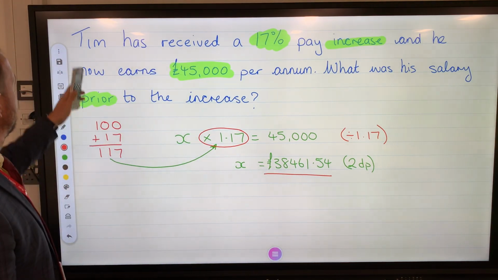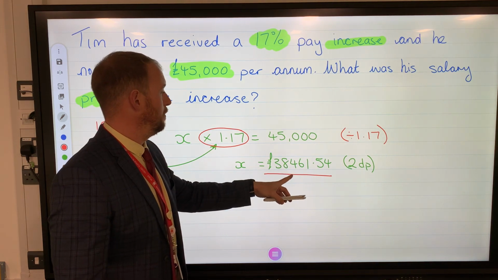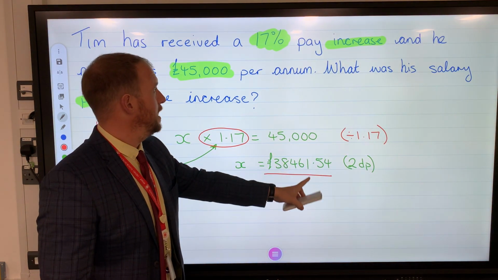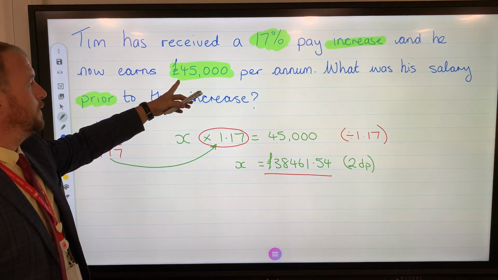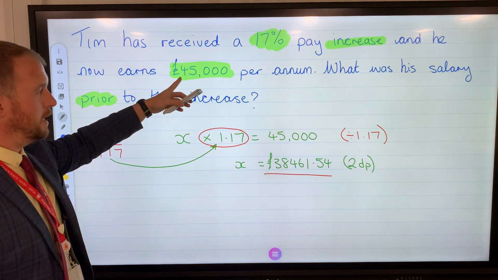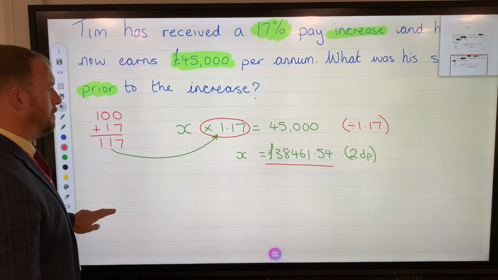Does it make sense? Did Tim have an annual salary of £38,461.54? Then a 17% increase, and now he earns £45,000. Does it make sense? Yes, it does. So, steps to remember.